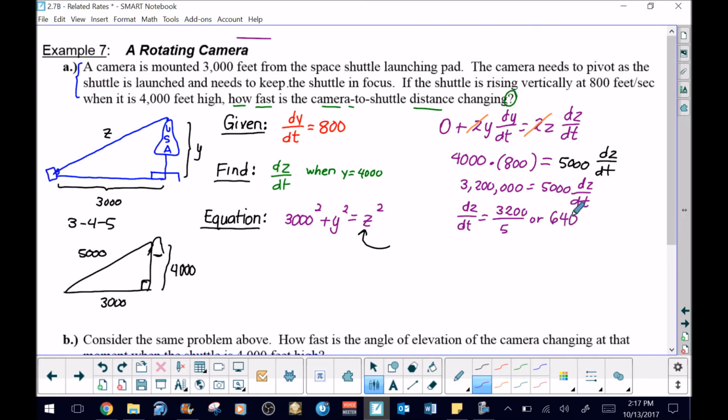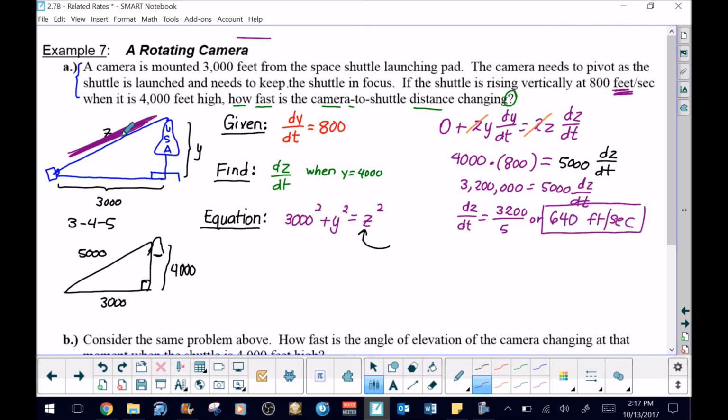And since this is the rate of change of a distance, we would want just a linear measure of this unit, which would be feet, and the time is still seconds. And that's how quickly the shuttle and the camera are moving away from each other. Of course, only the shuttle is the thing that's moving, but all right.